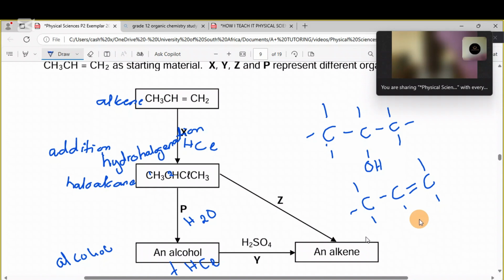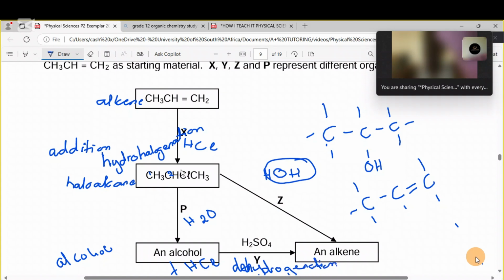I removed hydrogen and, wait, it was H and OH. So meaning I'm removing water, meaning it's what? Dehydration. Yeah. So this is a dehydration.